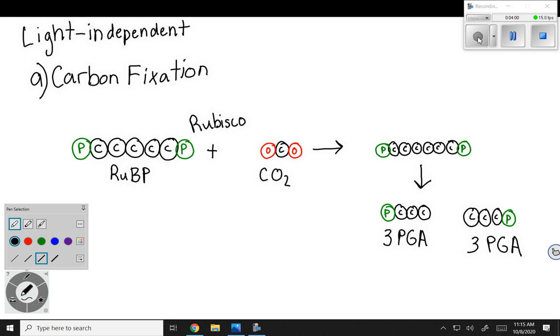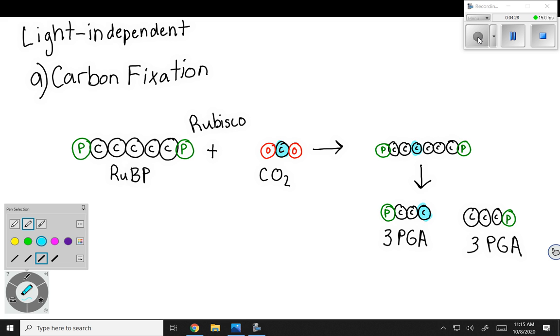And let's go ahead and track our carbon. So here we have Rubisco combining with carbon dioxide. I'm highlighting that carbon. And let's just say that it incorporates in the middle right there, so then it would be right there. So we can see that one of our PGA molecules has the carbon from the carbon dioxide, and the other one has all the carbon from the RuBP.